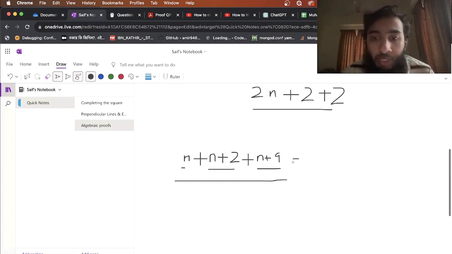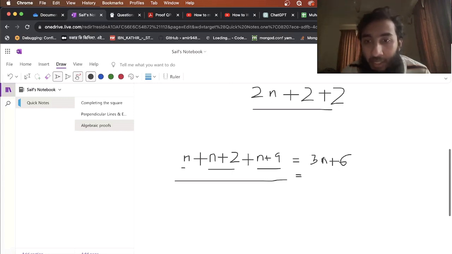So if we sum these three, n plus n plus n says 3n, plus, if we add 2 and 4, it says 6. So it has 3n plus 6 as the algebraic expression here. So how can you show that this is a multiple of 6?